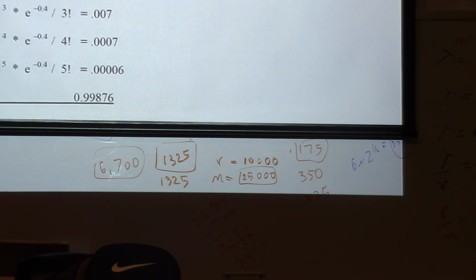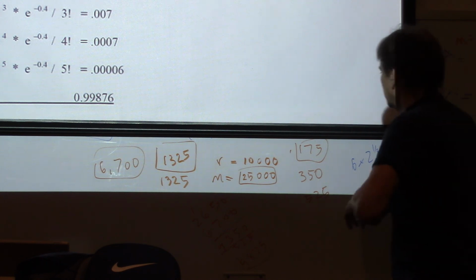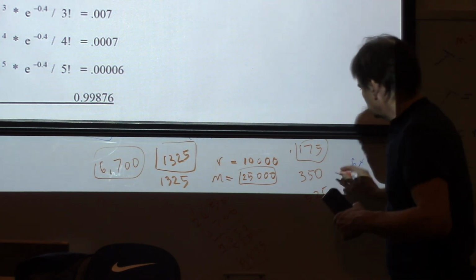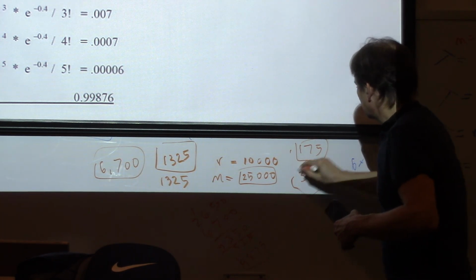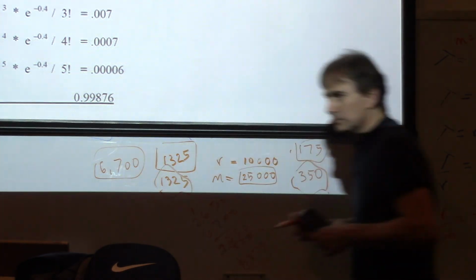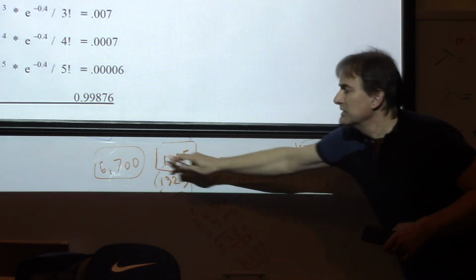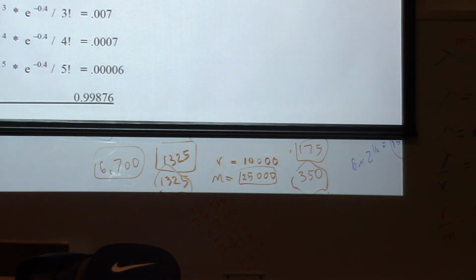But really, the records that are going to be colliding are going to be this and this. These records are not anticipated to collide. So if I add those records together, I will get 6,700.